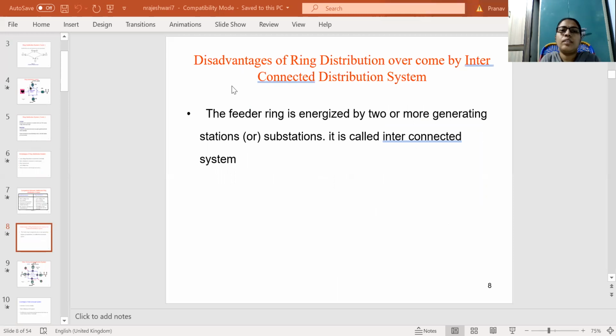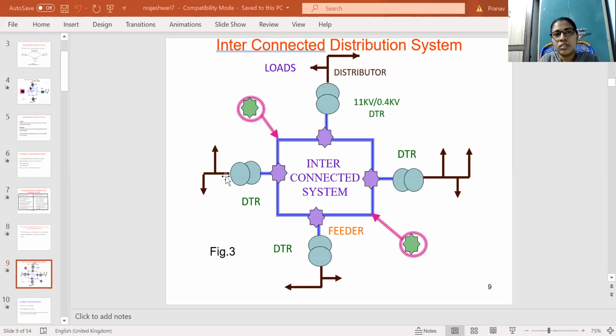Coming to the disadvantages of ring distribution, they are overcome by interconnected distribution systems. When the feeder ring is energized by two or more generating stations or substations, it is called an interconnected system. So this is the interconnected distribution system, and the problem in the ring main distribution system is overcome by using it.